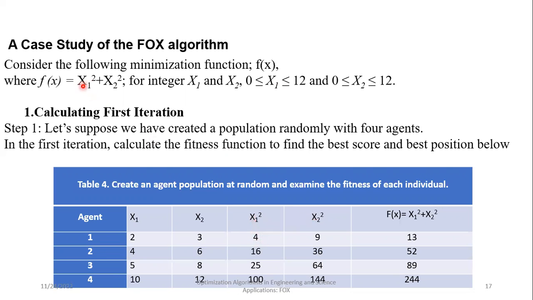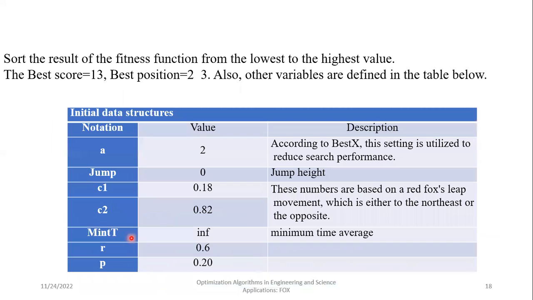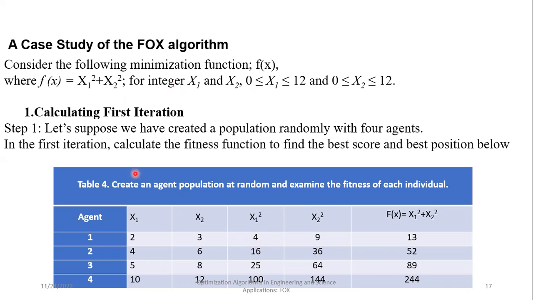Square them according to the fitness function, and add them up with the next dimension squared, and you will get the fitness for each fox. The minimum one, 13, is the best fox in the first iteration. So the best one we found is 2, 3, and best fitness 13.